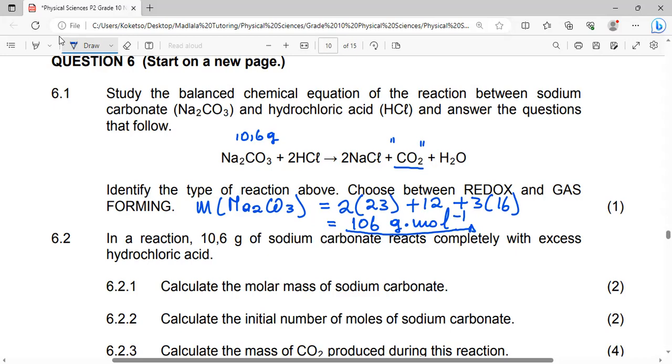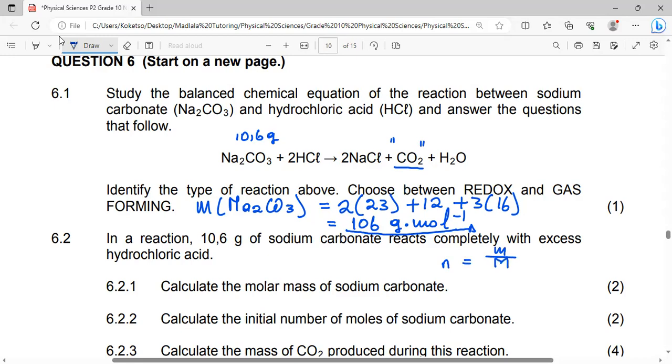It says, calculate the initial number of moles of sodium carbonate. So we have the mass of sodium carbonate. Ours is to find the initial number of moles. We understand that the number of moles is given by the mass divided by the molar mass.